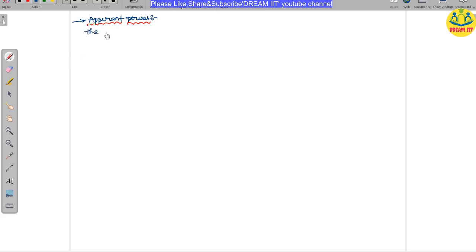We can write it as the total power that appears to transfer between voltage and current, that is between source and load, is called apparent power.